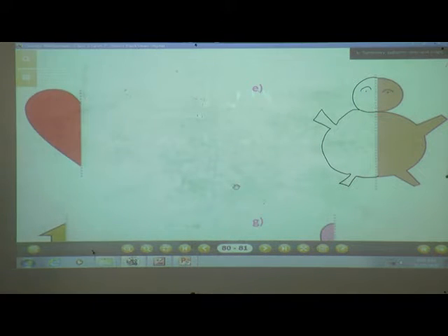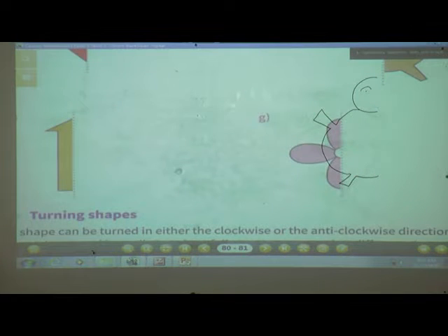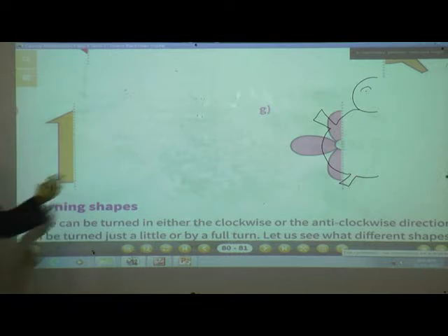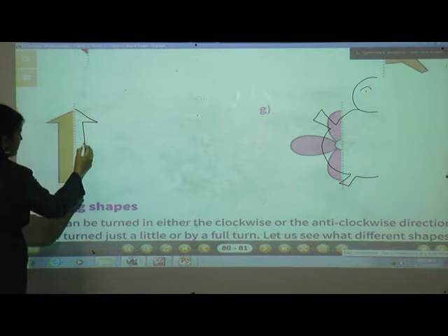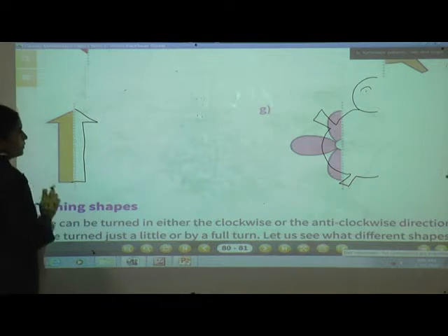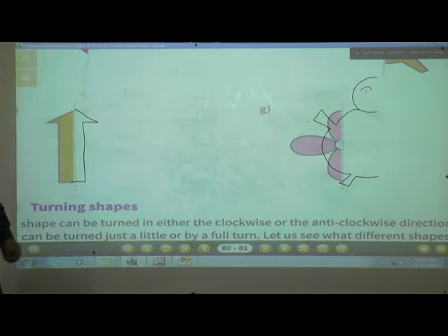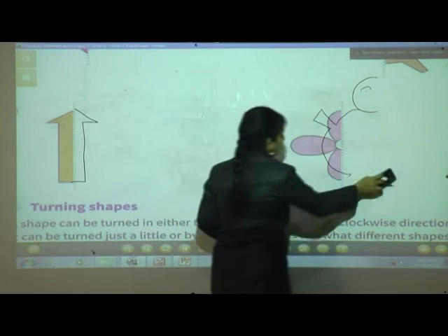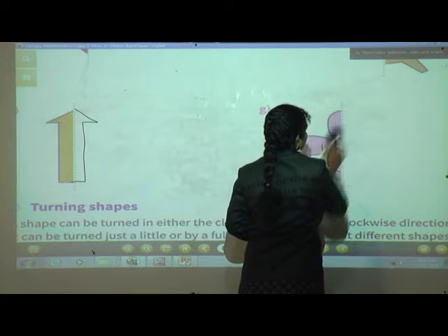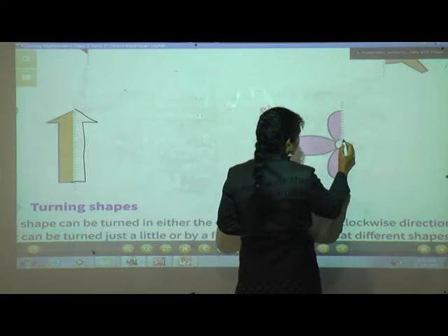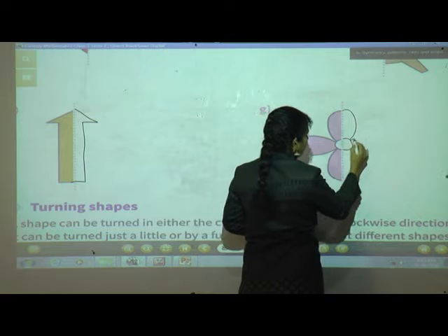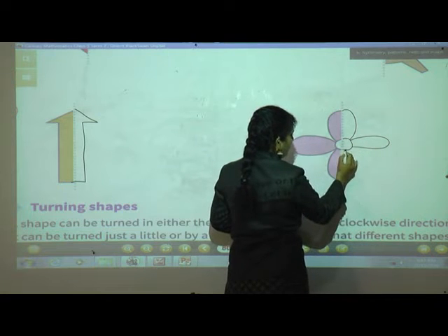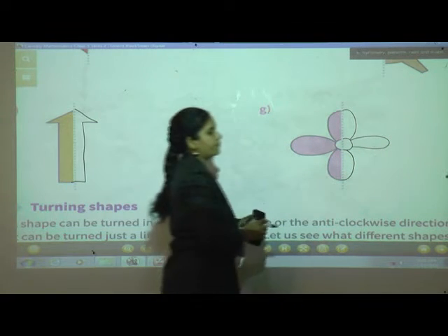Okay, now see F. How to draw now students? Yes, like this you can draw. And here also the same. So you can draw the figure like this, and you can color it also.